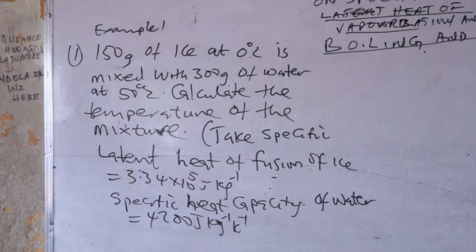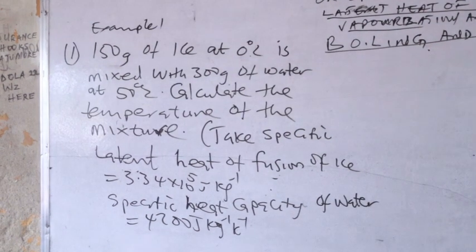I said it earlier that if they do not talk about the container, you ignore it. The container is not mentioned here. We know for sure that water cannot be alone, it has to be in a container, but no parameters about the container are supplied. So you don't bother yourself with that.